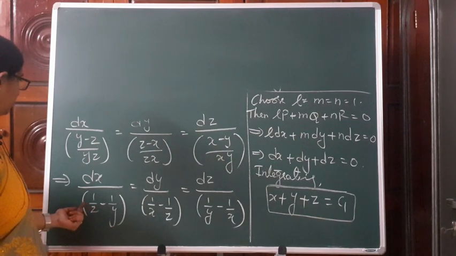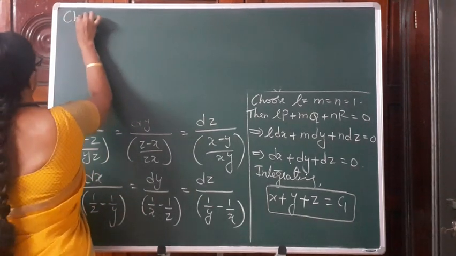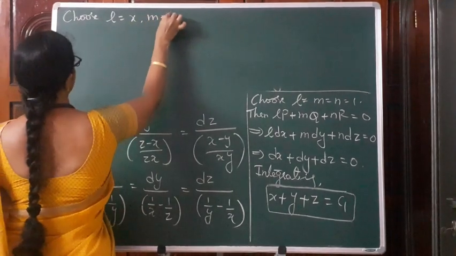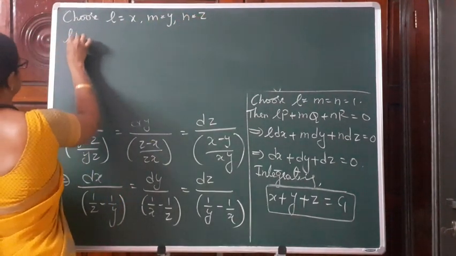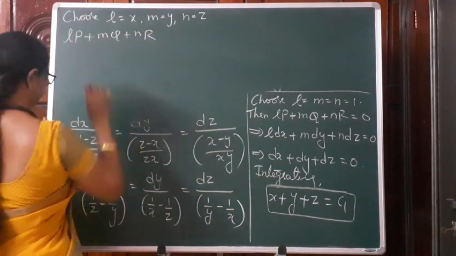Say if we multiply with x, that is, we choose L equals x, M equals y and N equals z, then let us see what happens to LP plus MQ plus NR.